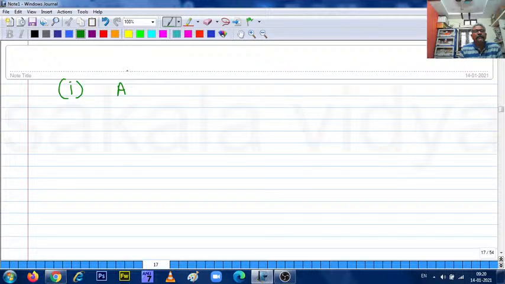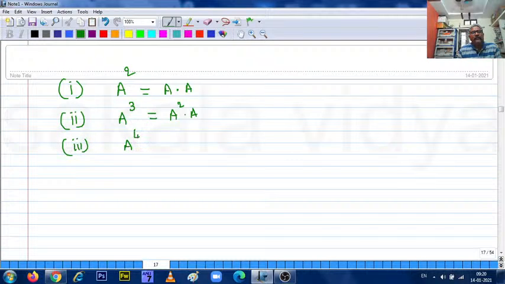A square is nothing but A multiplied by A. A into A. Second one, how to find A cube? A cube is equal to A square into A. First we need to find A square, then multiply with A. So A power 4, A raised to 4, is A cube into A. Now A power 5 is A power 4 into A.